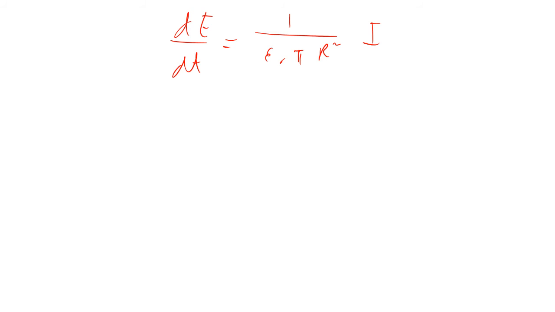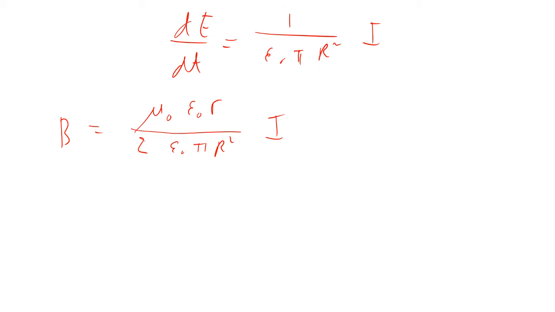So now we go back and plug all this back in. B is equal to mu naught epsilon naught r divided by 2, times I divided by epsilon naught pi R squared.